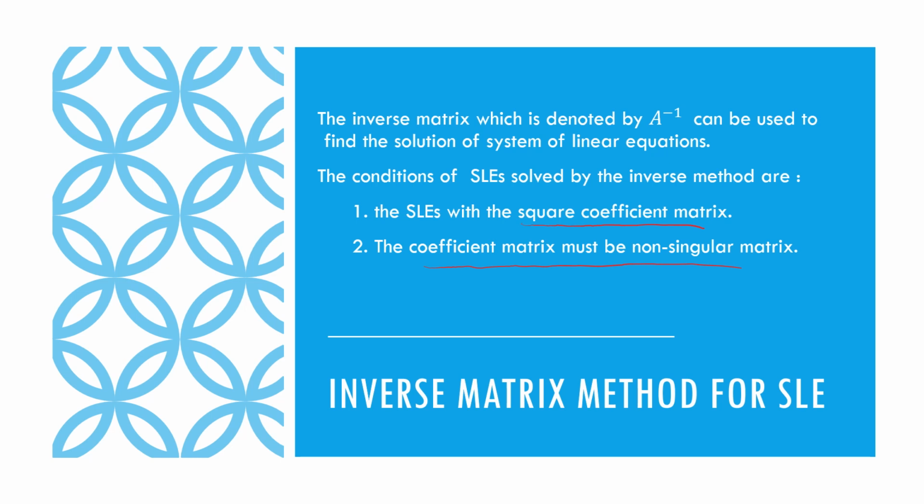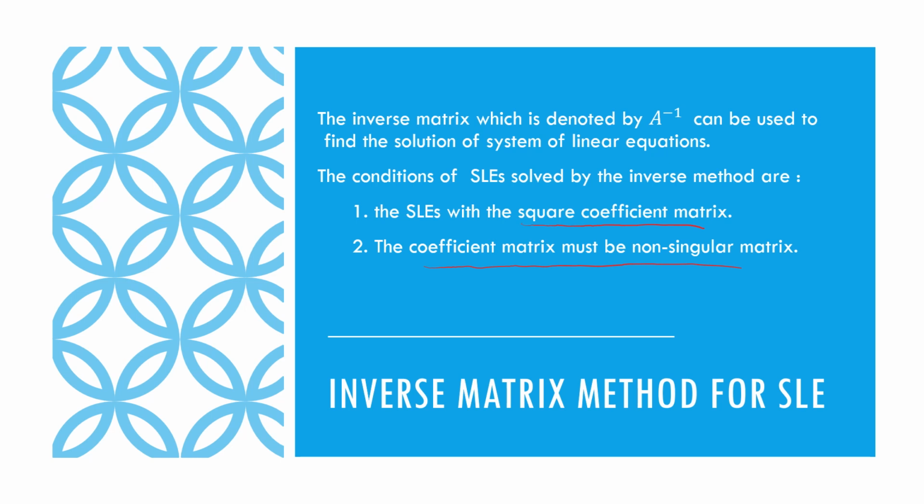The inverse matrix, denoted by A inverse, can be used to find the solution of a system of linear equations. There are two conditions for the system to be solved using the inverse method.